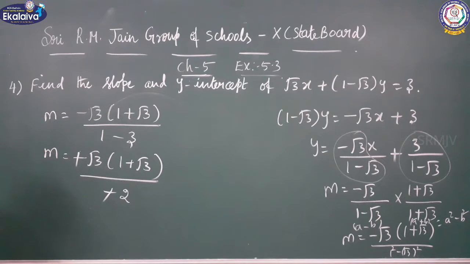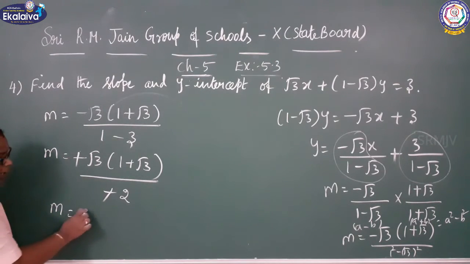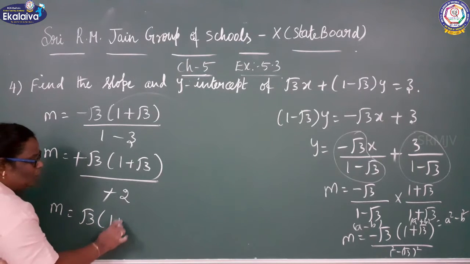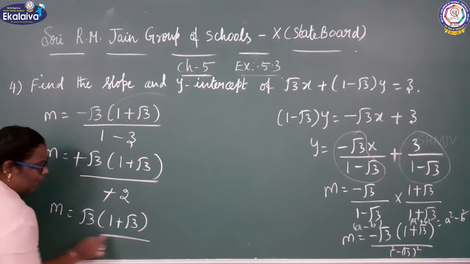Minus gets cancelled, m equal to root 3 into 1 plus root 3 by 2.